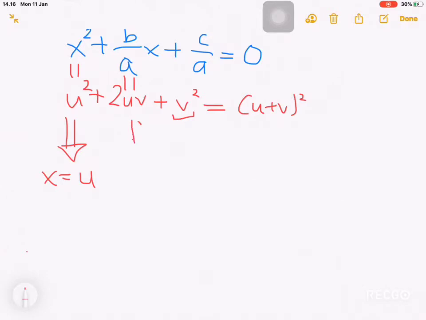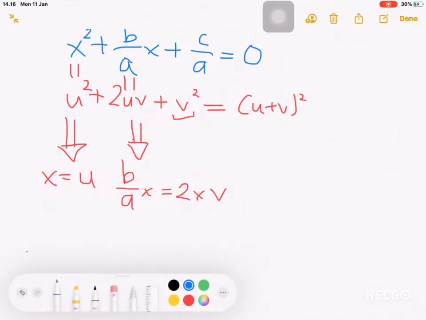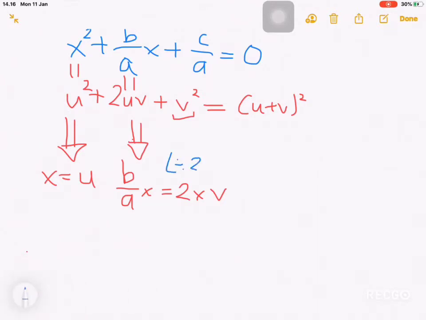And from the second equation we have b over a x is equal to 2 times, well, we know u is x, so we're just going to substitute that in, and v. And notice we can divide both sides by 2x.